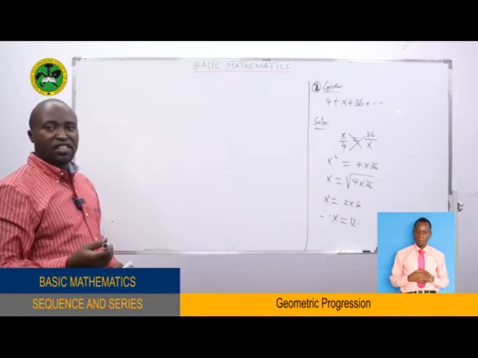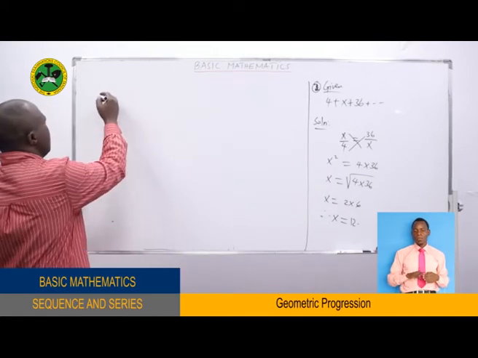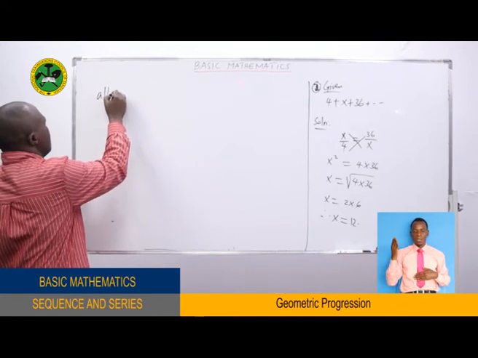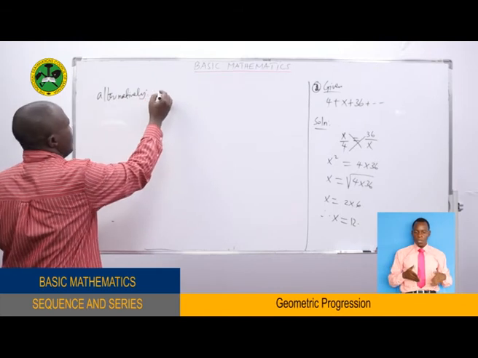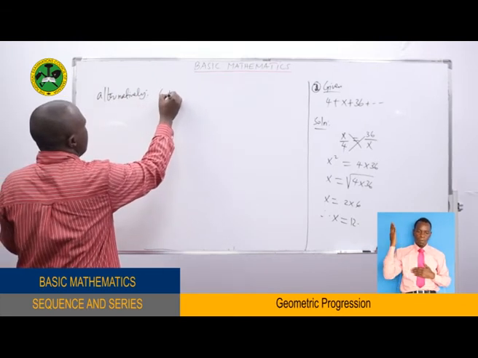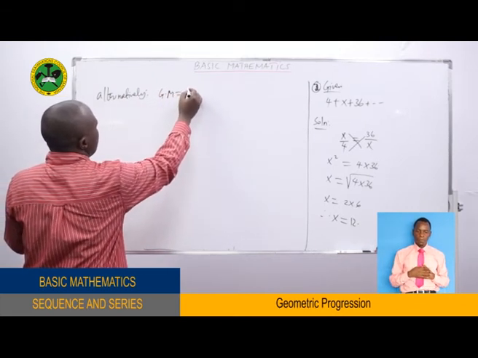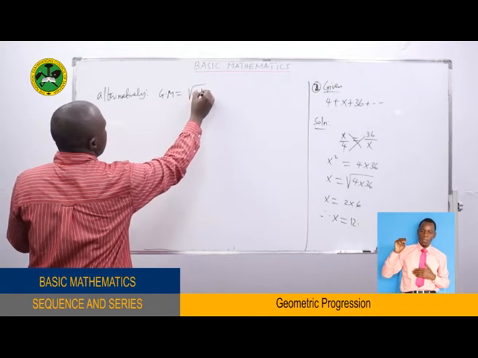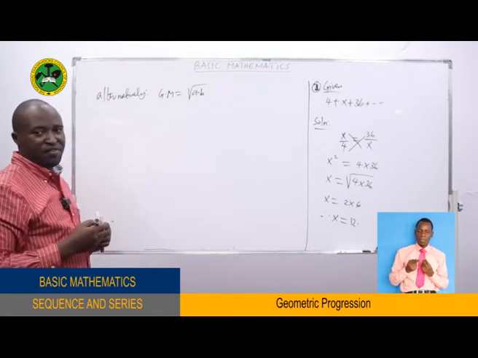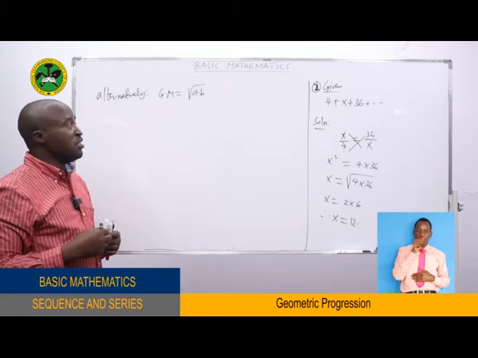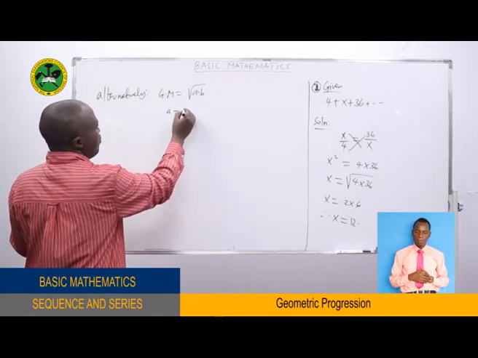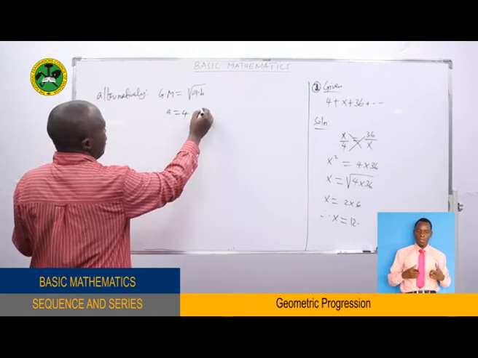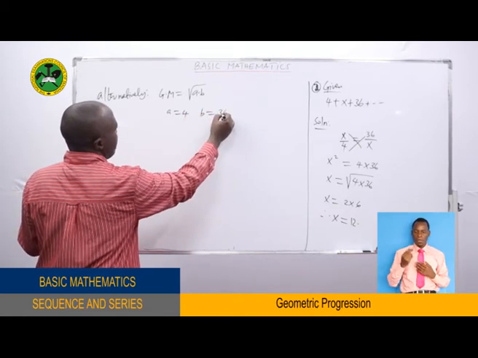So using the alternative method, geometric mean is equal to the square root of a times b. The middle number is missing, so a will be equal to 4 and b will be equal to 36.